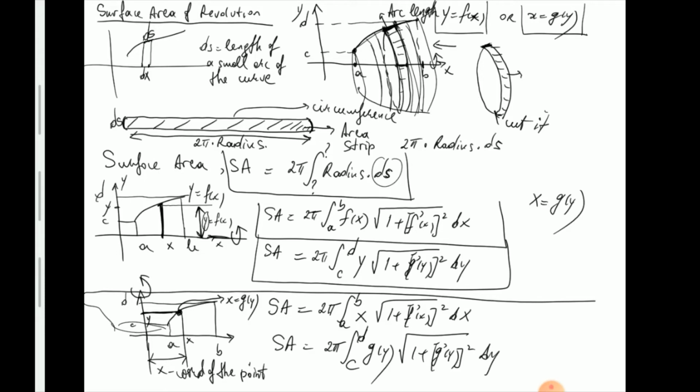So you see there are actually 4 versions of this. That's why it's far better to just remember the generic formula, 2 pi radius times ds, and then adapt it to whether you want it with respect to x or y, and then whether you have the x or the y axis as the axis of rotation. So with that in mind, let's move on to examples on the next page.